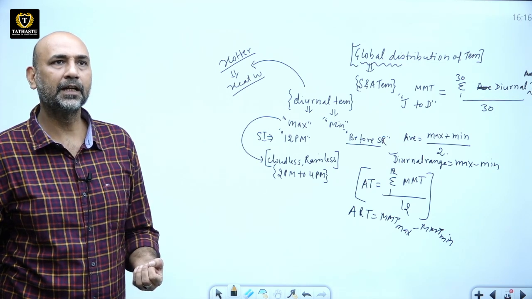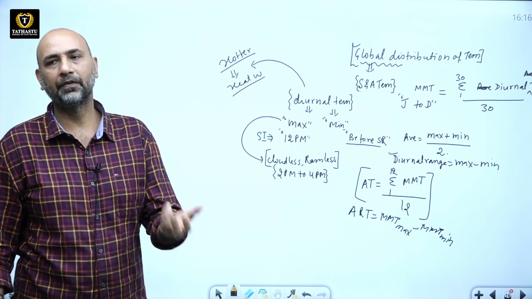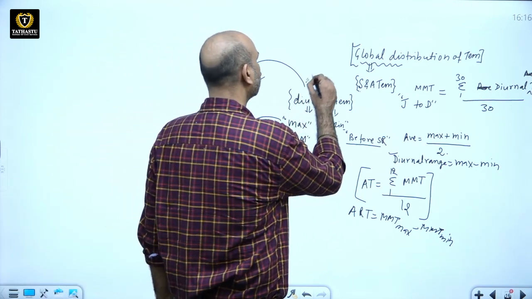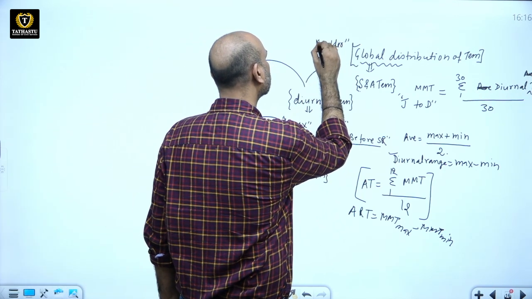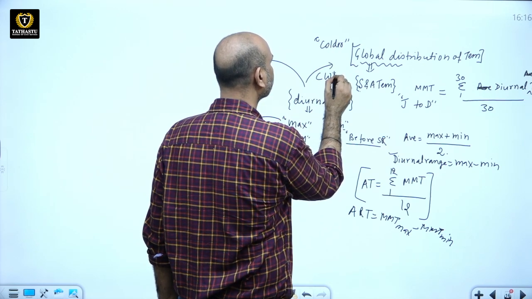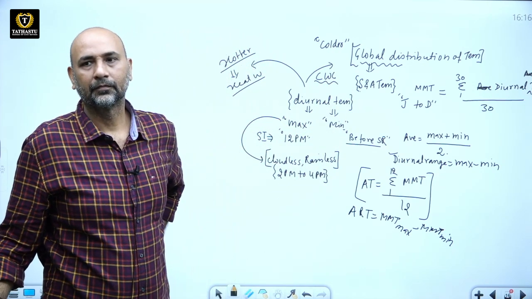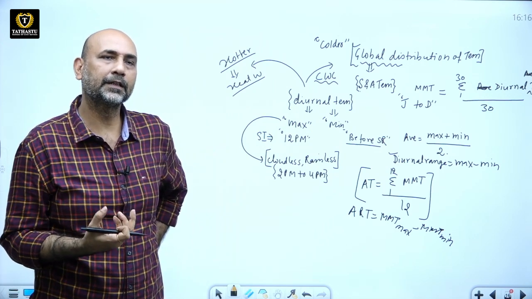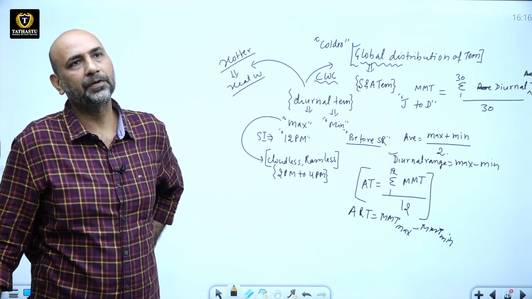If the temperature is unusually high for a given place, that is called heat wave condition. If it is unusually low, unusually colder, that is called cold wave condition, like Seet Lahar in Delhi. So, heat wave and cold wave conditions are also responsible for short-term temperature variation.